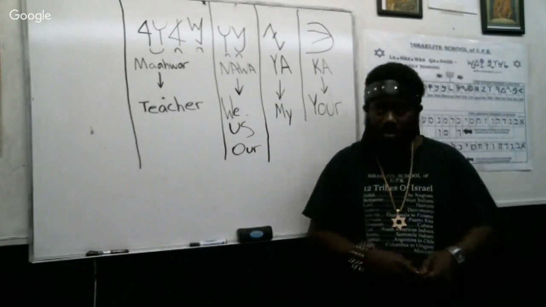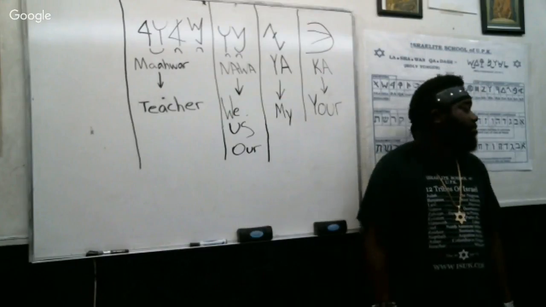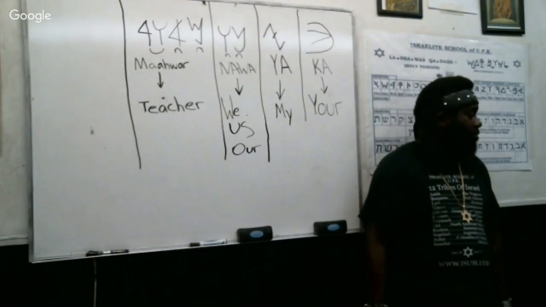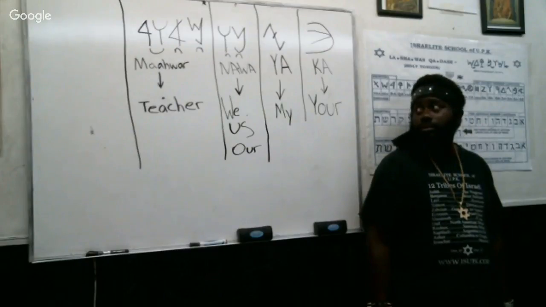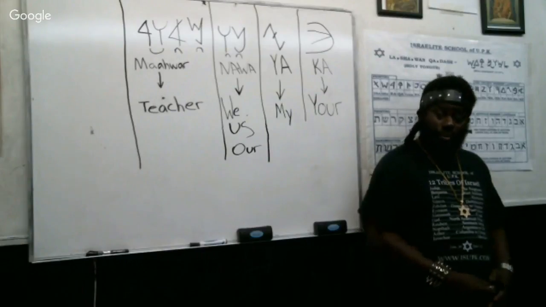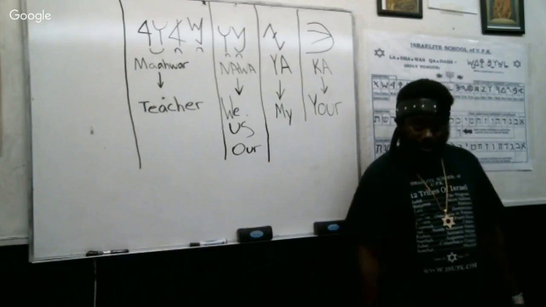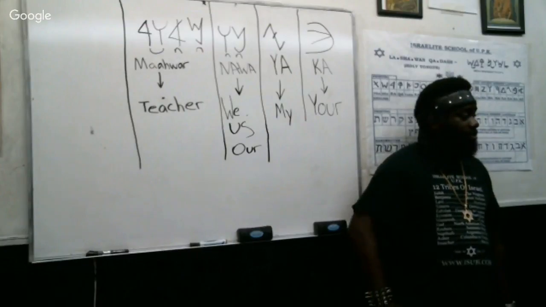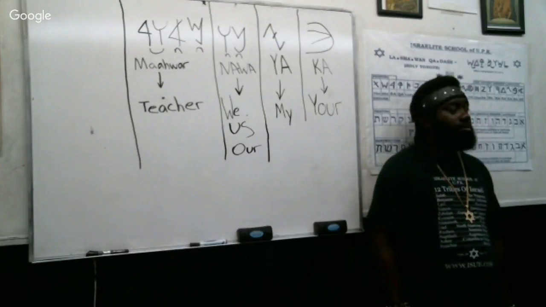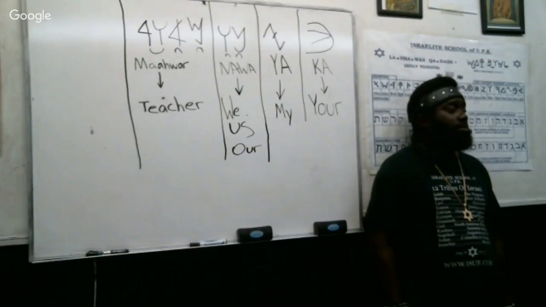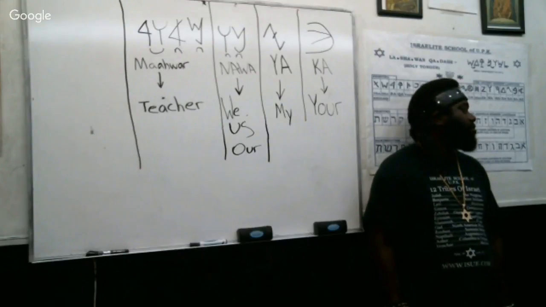But that's not always how it is in the Hebrew. In the Hebrew, more so, the way the word is said is how it's spelled. Now, in the English, and this is why English is so goddamn stupid, you got the letter E, but when you say the word, you don't say E. You say how it's pronounced. You got the letter A, but in the word it's not A. But in Hebrew, if the character is A, then the way you say it is A. The character is Ma, and how you say it is Ma.